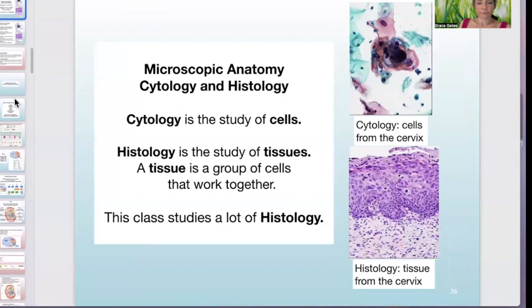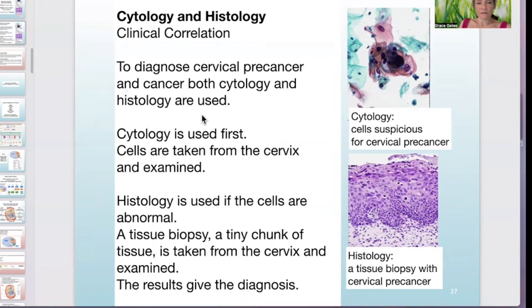Now, about microscopic anatomy. Cytology is the study of cells, and histology is the study of tissues, and a tissue is a group of cells that work together. This class studies a lot of histology, tissue, okay? However, clinically, both cytology and histology are useful.